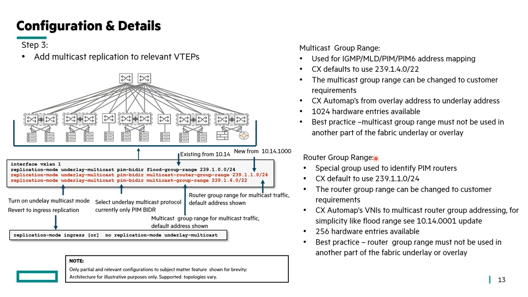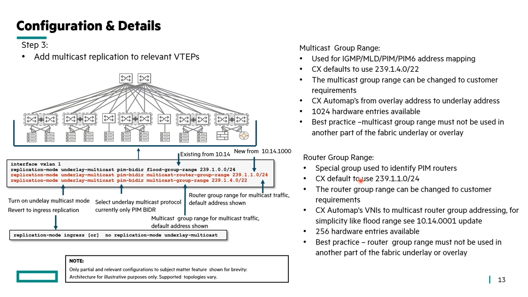Now let's go to the router group range. The router group range is a special group address, and it's really used to identify PIM routers. So typically it would be in the use case where on the access VTEPs, or a lot of the VTEPs, you have only L2 or IGMP or MLD, and then somewhere else upstream you have a layer 3 PIM router.